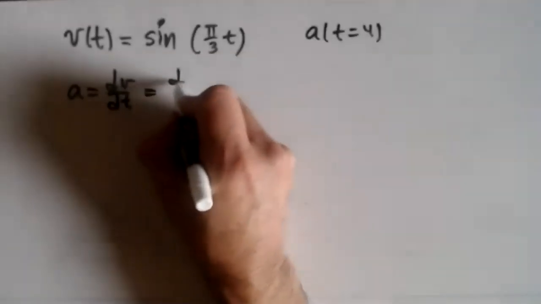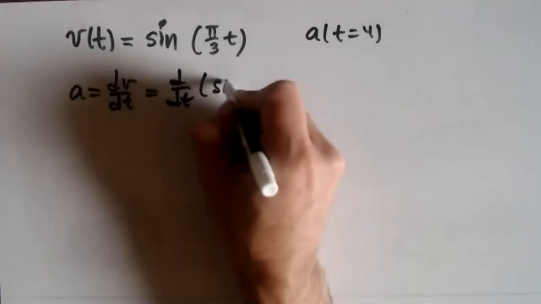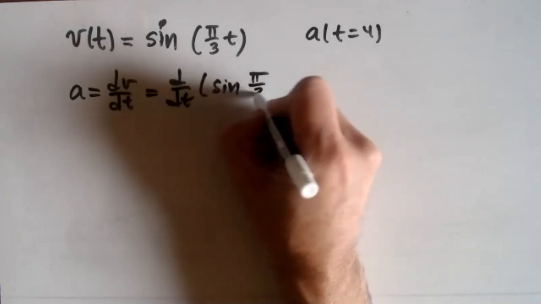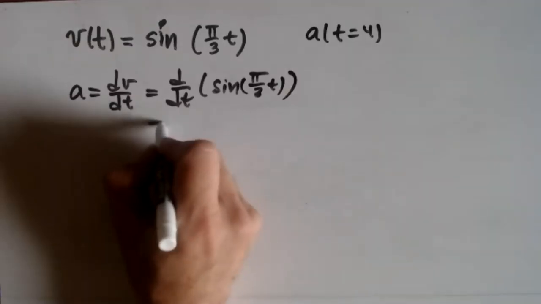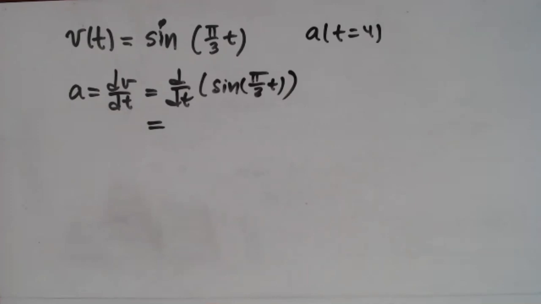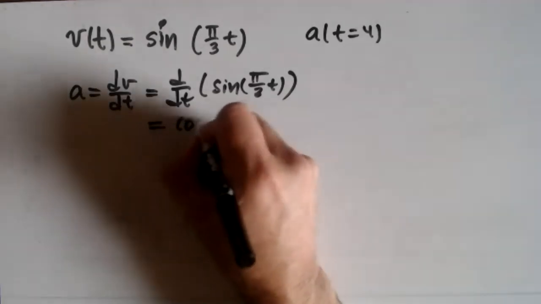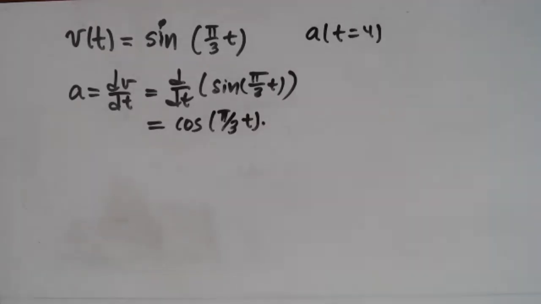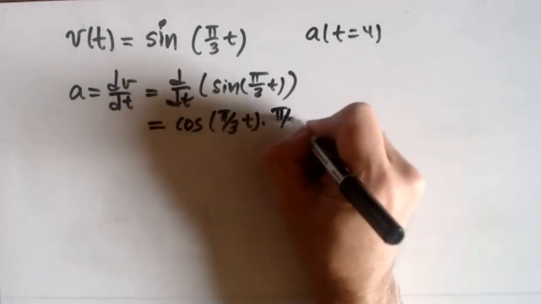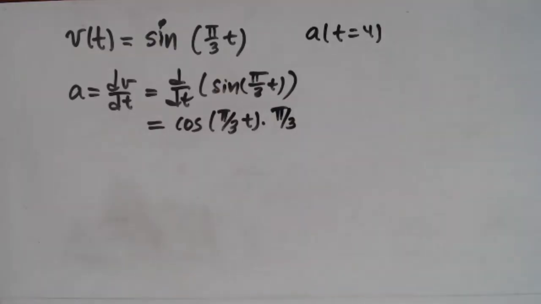So I have to take d/dt of sine pi over 3t, right? And that is equals to what? A ver, Leo. Derivative of the sine? Cosine. Cosine of pi over 3t times pi over 3 times 1. Correct.